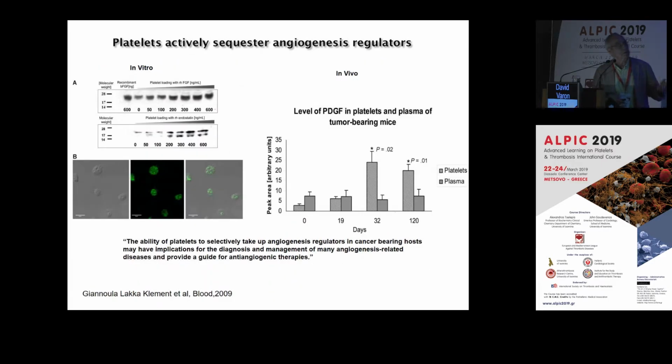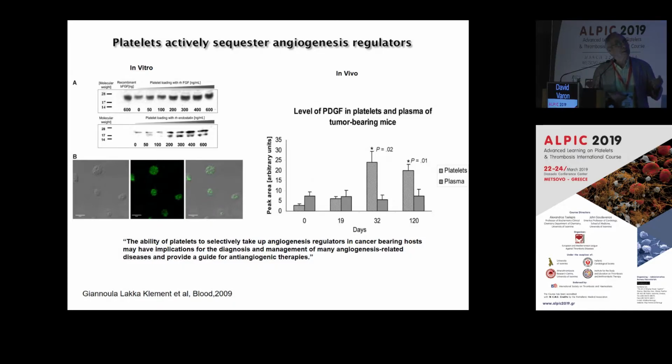And to show something in addition, and this comes from Joan Clement, who was born here, but now lives in Boston. They show that platelets do not only get their granule content from the megakaryocytes, but they can also acquire them actively from the plasma.